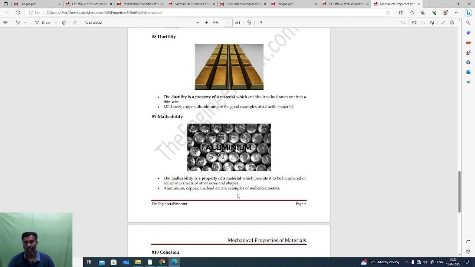Aluminum, copper, tin, lead, etc. are examples of malleable materials which can be hammered or rolled into sheets. That is malleability.